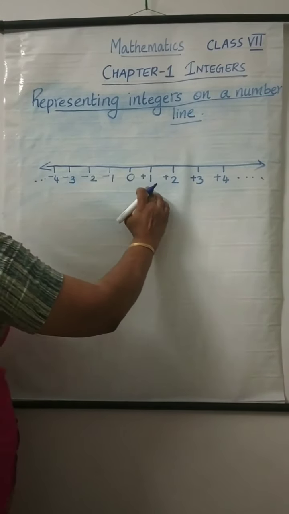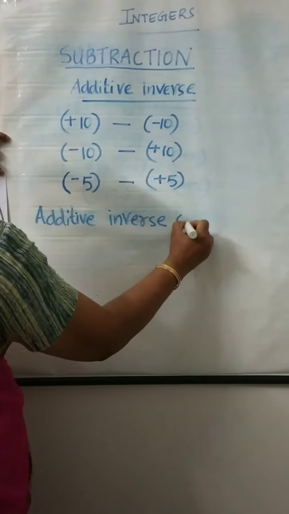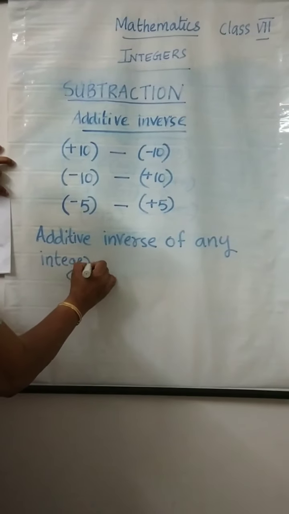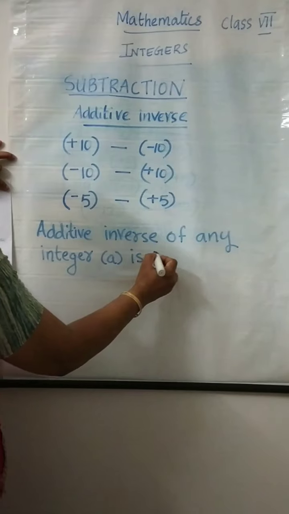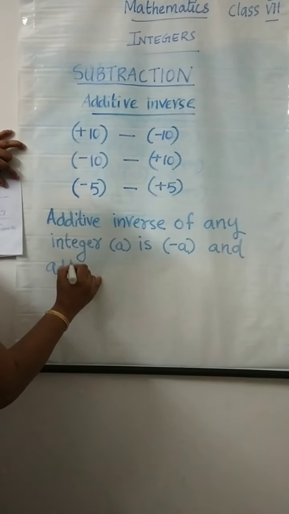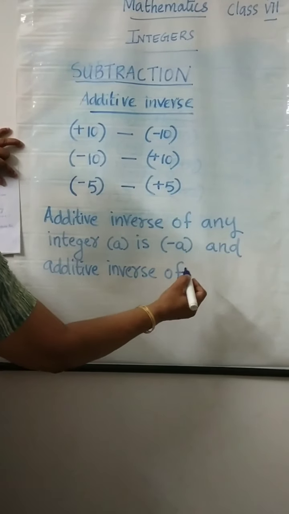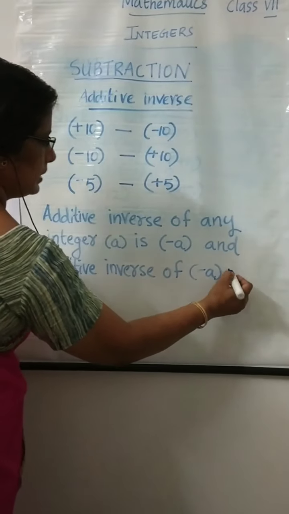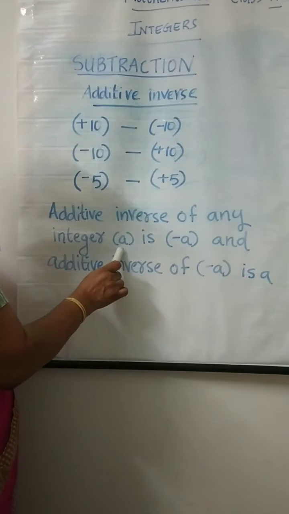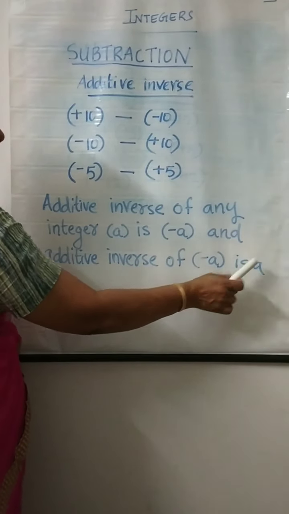In general, additive inverse of any integer a is negative a, and additive inverse of negative a is a.